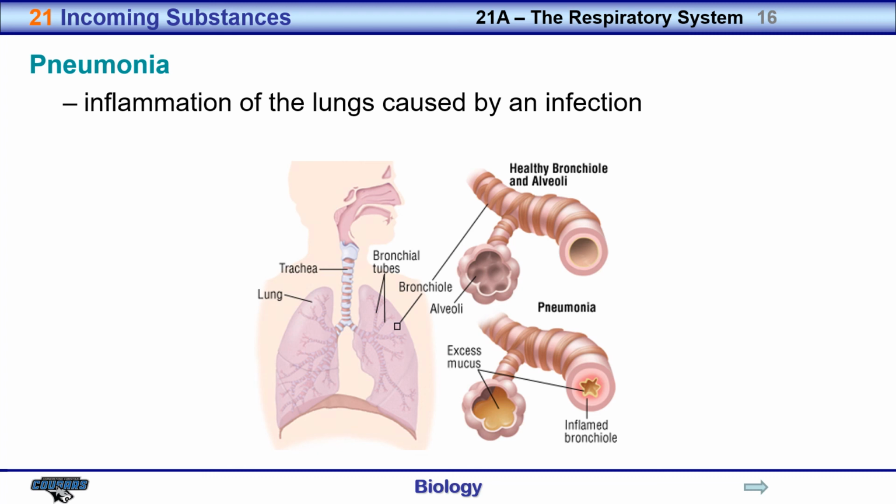So you can see in the bottom picture, the alveolus is filling with mucus, and the bronchiole is inflamed. And so an inhaler causes it to dilate, which means to get bigger around like it is in the top picture. Okay, so that takes us through the anatomy of the respiratory system.